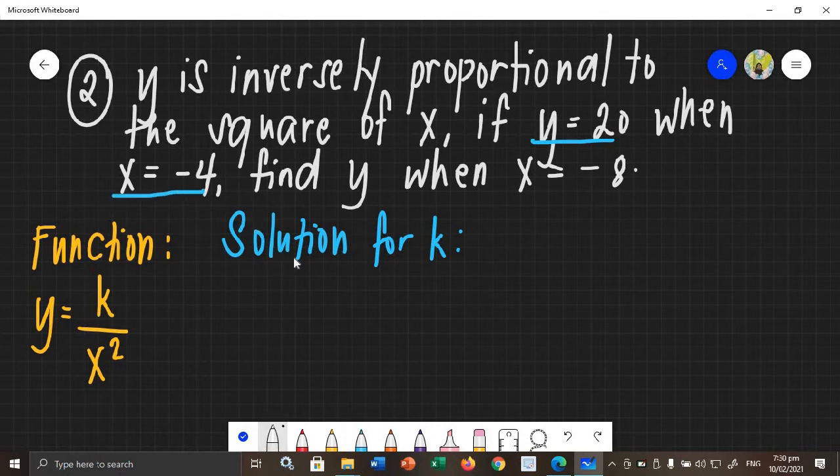So, using the function, y natin is 20 is equal to k over, yung x natin is negative 4, and then i-squared natin kasi yun yung according sa function, naka-squared si x.